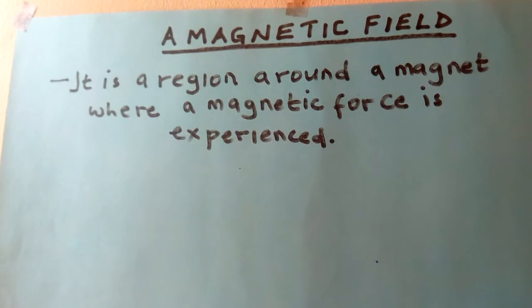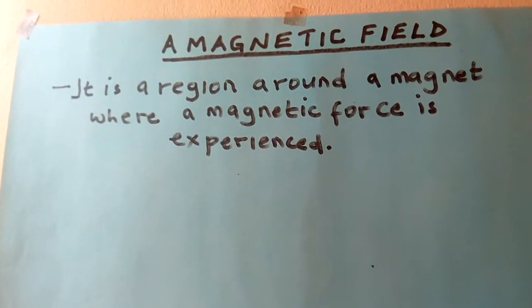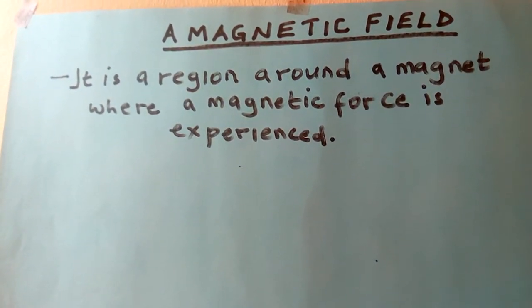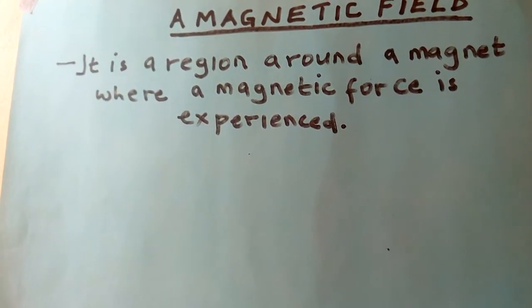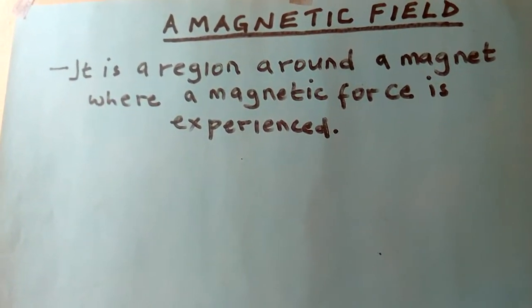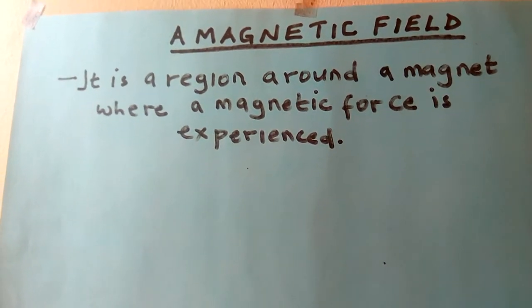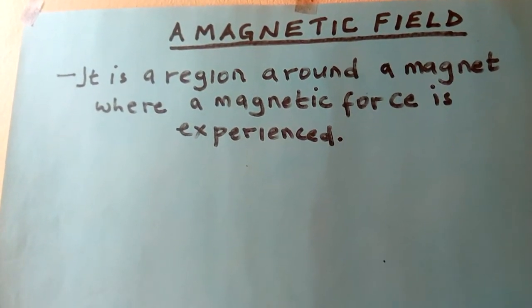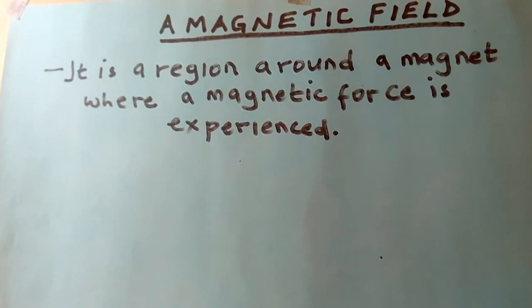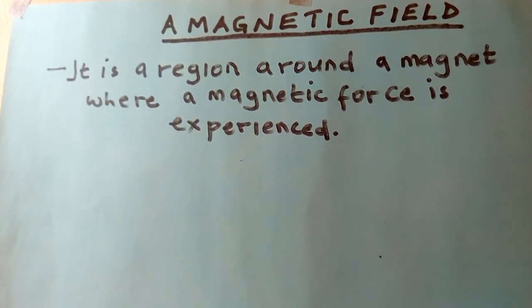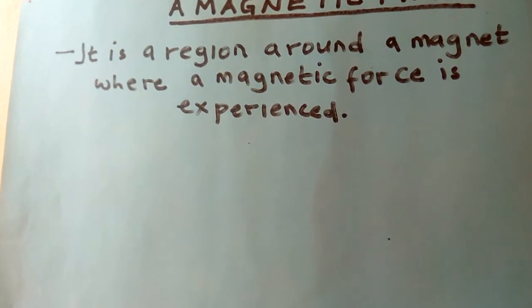But if the distance is very near, it will be attracted by the magnet. It is attracted because it is within the region of the field of the magnet. So a magnetic field is a region, and that region must be around a magnet, not very far from the magnet. And within that region, a magnetic force is experienced.